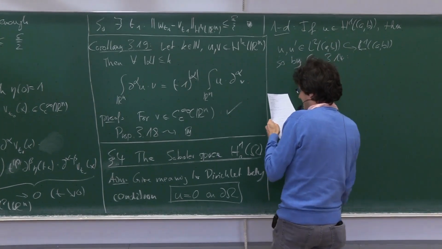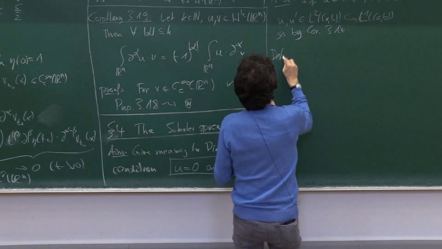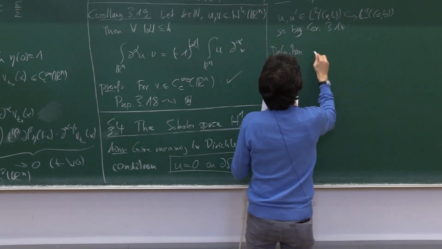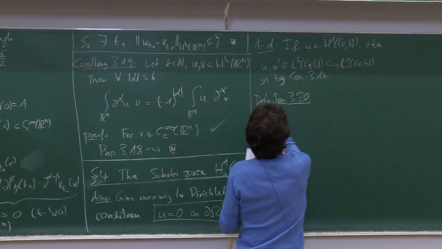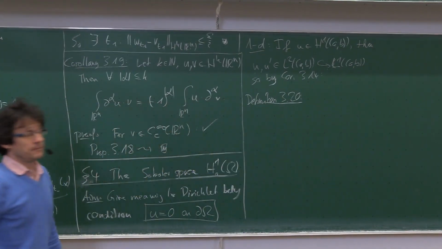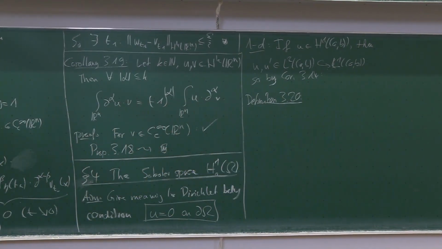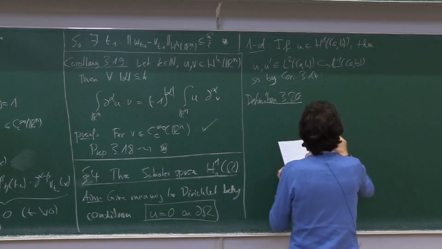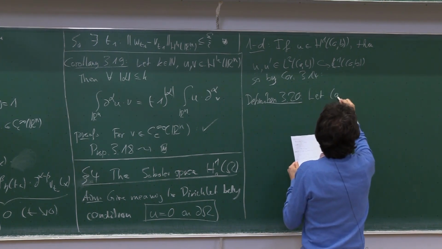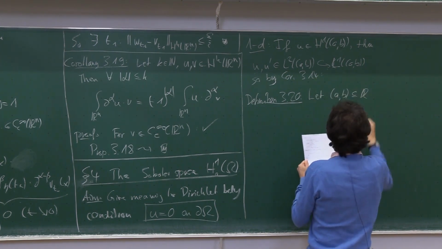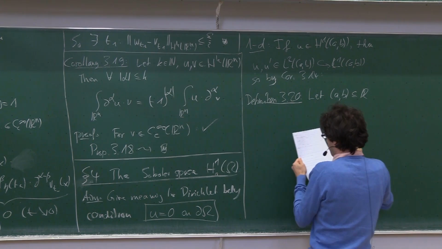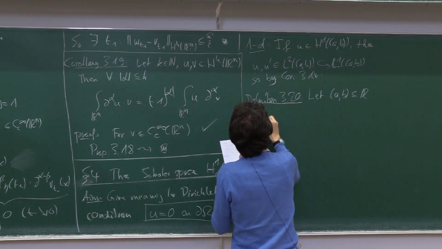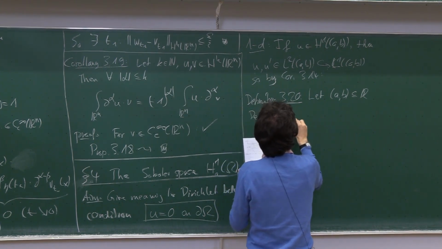We can do the following definition. So Corollary 3.14 tells you that this u has a continuous representative, continuous on the closed interval [a,b]. So we can talk about the boundary values. So if you have a bounded interval in R, then you can define the so-called trace operator.